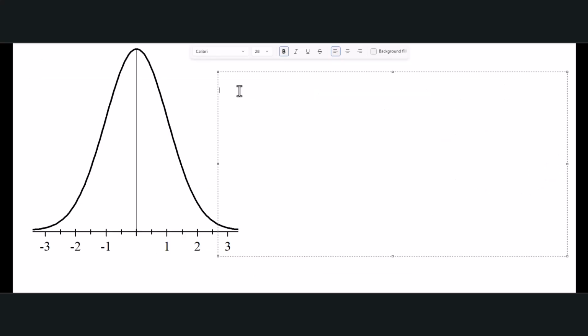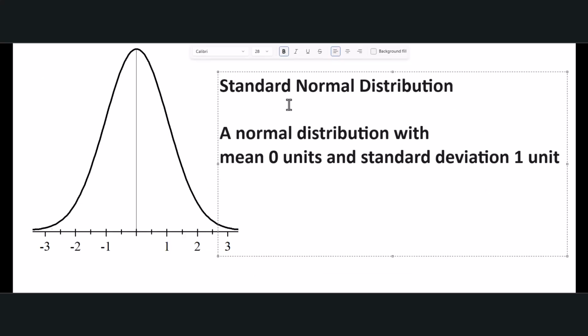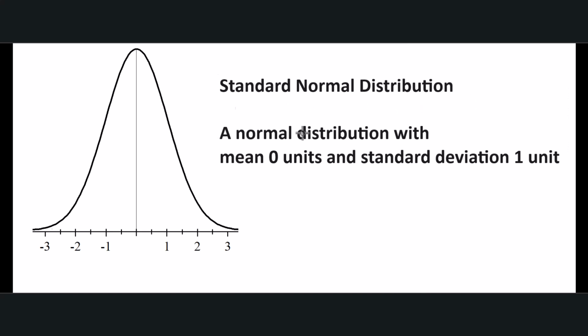And then we had this special normal distribution called the standard normal distribution, whose mean is 0 units, and the standard deviation is simply 1 unit.